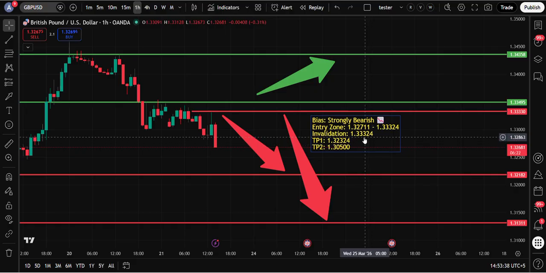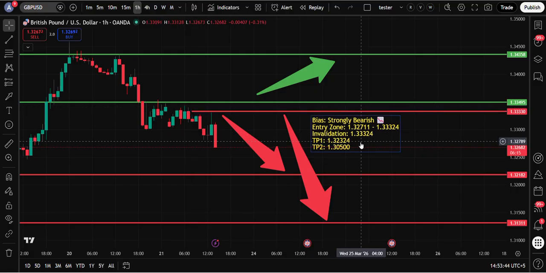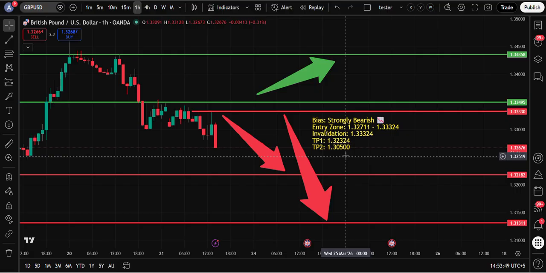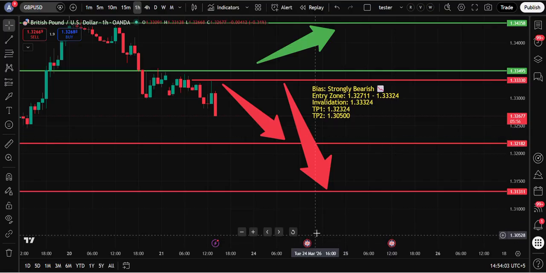As long as the price is below 1.33324, I can agree with this, the same zone as mine. The targets are 1.32324, somewhere almost the same as my first target. Second is 1.30050, a bit lower than my second target. I was using the daily chart, so let's see what happens.